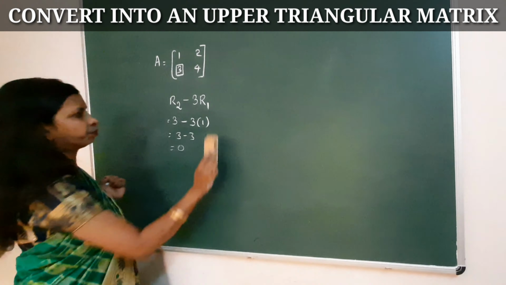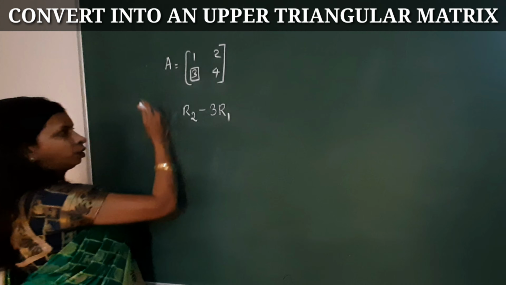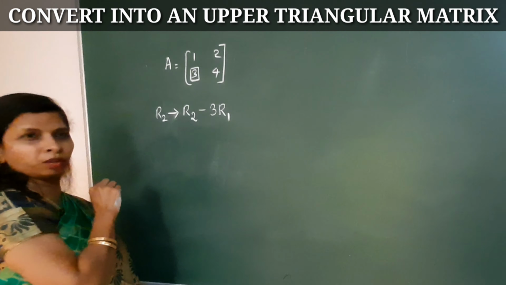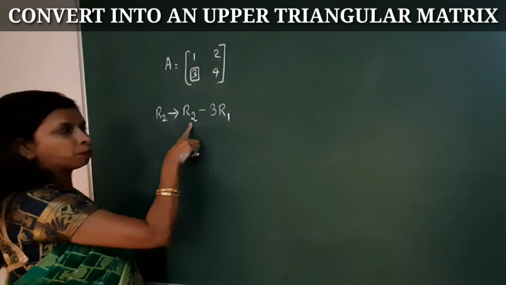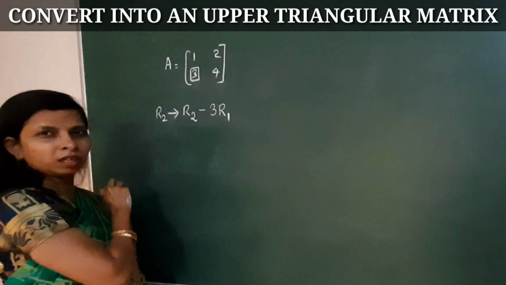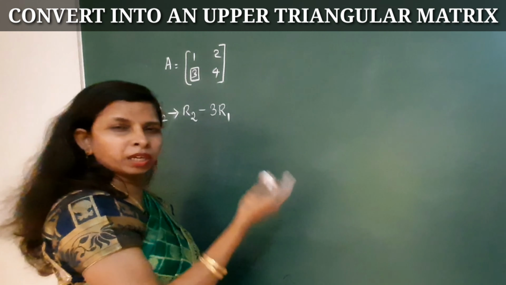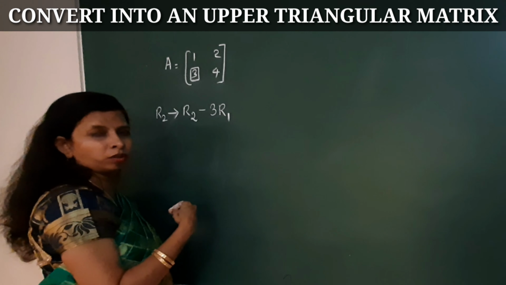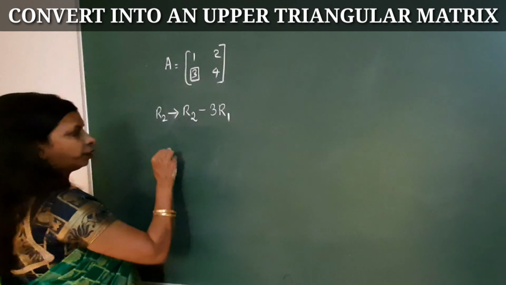You need to mention R2 and an arrow mark. That means we are doing the transformation in row 2. Which transformation? R2 minus 3R1. So you can check with a pencil and then put the value. Here it is not necessary to solve it, or else if you want, this is a simple sum, you can solve it here also.